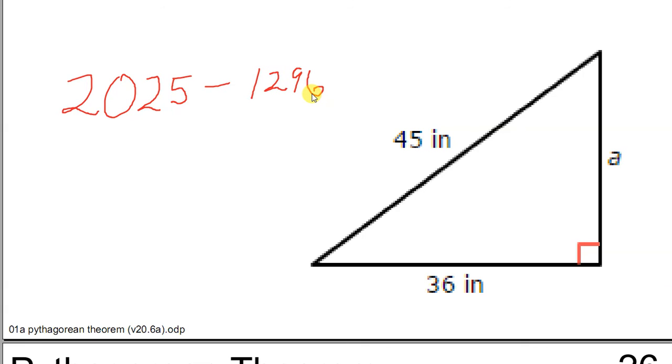Subtracting those two numbers takes me to 729. Taking the square root of that takes me to 27. So this side right here is 27.